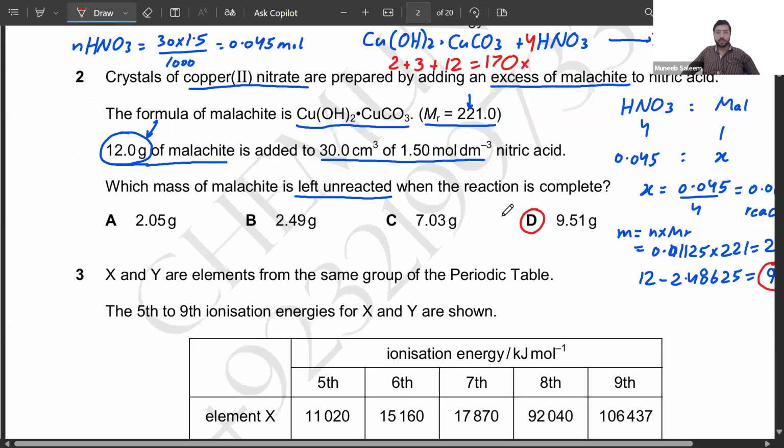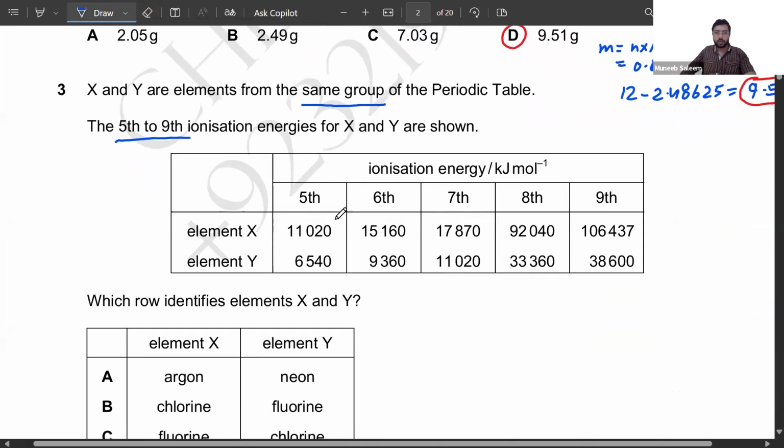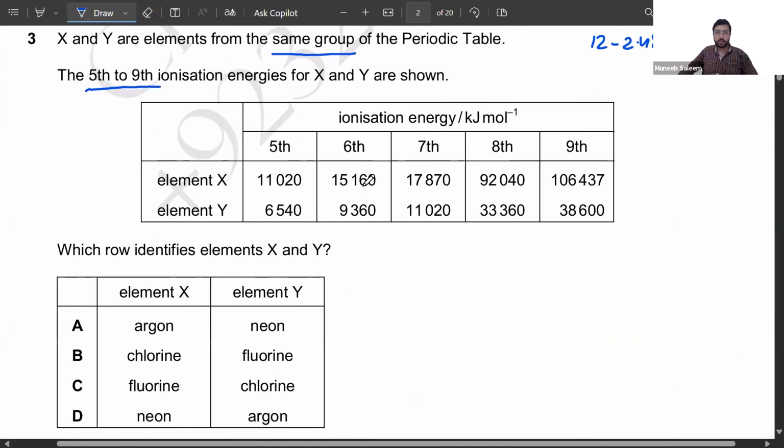Our next question, number 3. X and Y are elements of the same group and their ionization energies from 5th to 9th are provided here. We have to check which of the elements X and Y are from the given options. Here we can see in the table the change in ionization energy while moving from 5th to 9th.